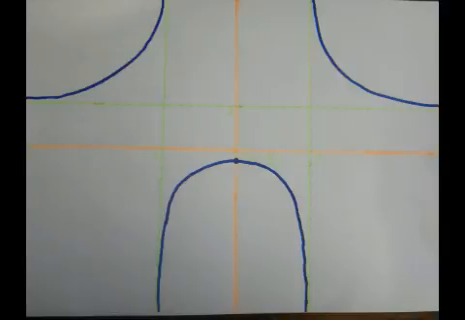So basically, between the region minus 3 to 3, our graph is concave down. Then from 3 going on to infinity, our graph is concave up. The same thing applies from minus 3 going to negative infinity: our graph is also concave up.